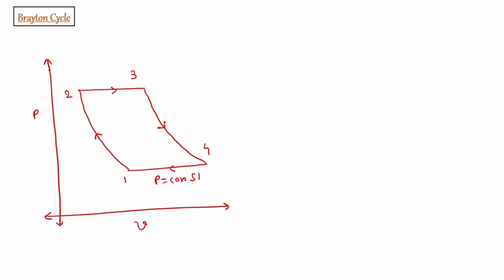So this is pressure constant process, this is entropy constant process 1 to 2, this is pressure constant process 2 to 3, and this is entropy constant process 3 to 4.